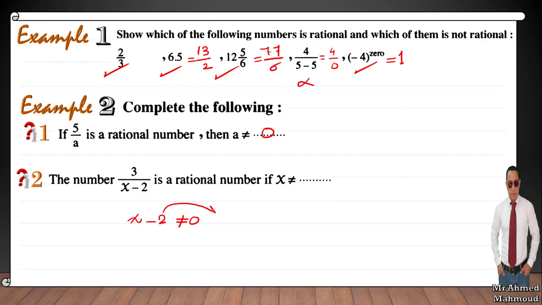I'm going to send 2 to the right side, plus 2, so x doesn't equal 0 plus 2, which is 2. So x doesn't equal 2. Anyone can solve it mentally, it's okay, or you can solve it by using the steps like this. Both are correct.